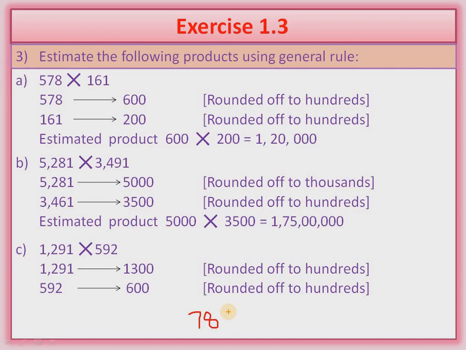At least in your class you should know table number 1 to table number 10. So 13 sixes are 78. Then count the total number of zeros, 1 2 3 4, so we will put 4 zeros. What is the answer? 7,80,000. So you can see the estimated product, 1300 multiplied by 600, is equal to 7,80,000.